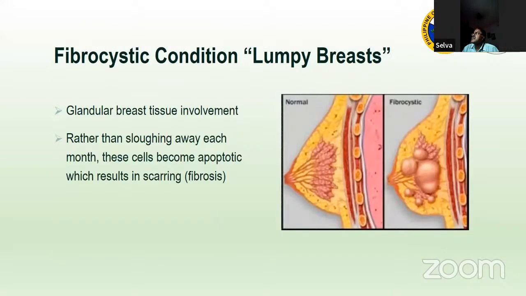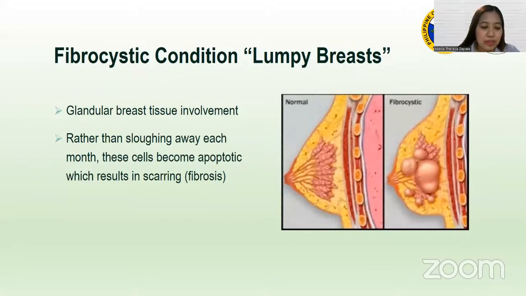Fibrocystic conditions, or lumpy breast. Glandular breast tissue involvement. Rather than sloughing away each month, these cells become apoptotic, which results in scarring or fibrosis. Lumpy breasts have cysts, which are fluid-filled sacs that are round, smooth, and firm.